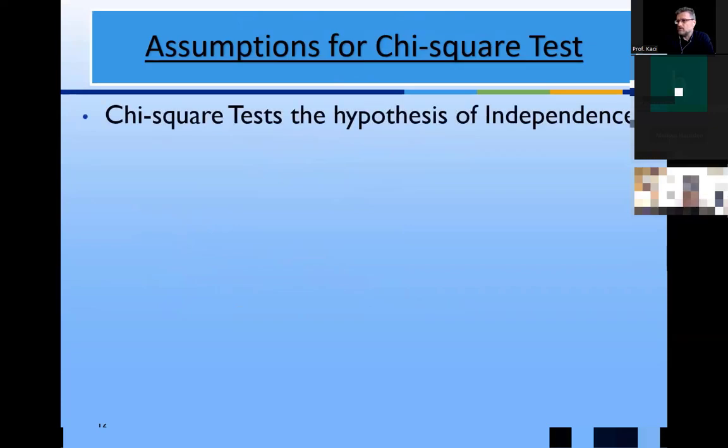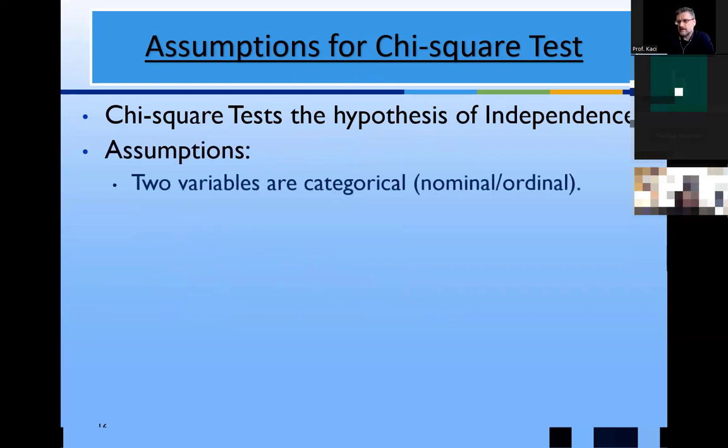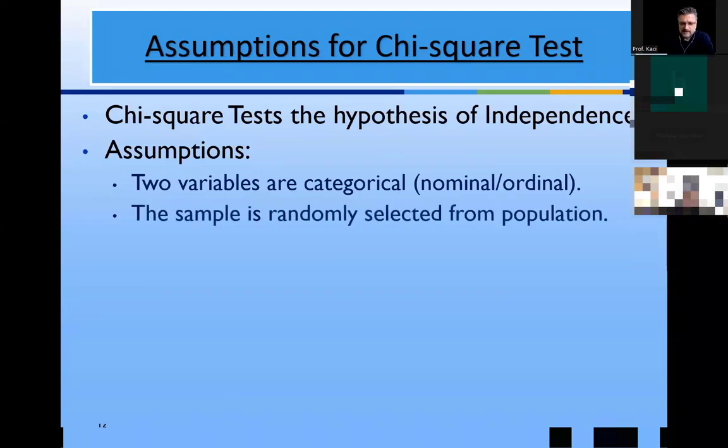So what are the assumptions? This is a hypothesis of independence of groups or variables. So assumptions are 2 variables are categorical, either nominal or ordinal, or one nominal and the other ordinal. Sample is randomly selected, of course.